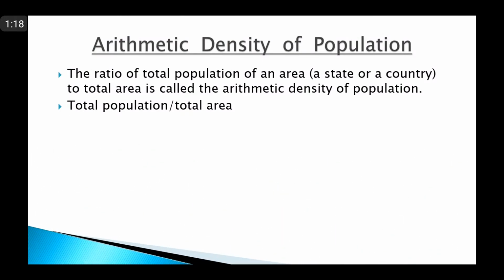Now the first one is the arithmetic density of population. You must be knowing, and yesterday also I think I told you about this, that the ratio of total population of an area, you can say a state or a country, to its total area is called the arithmetic density of population.